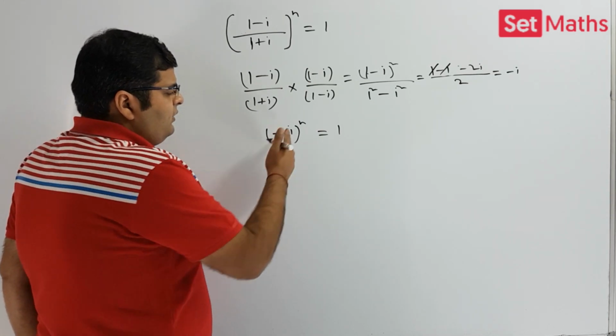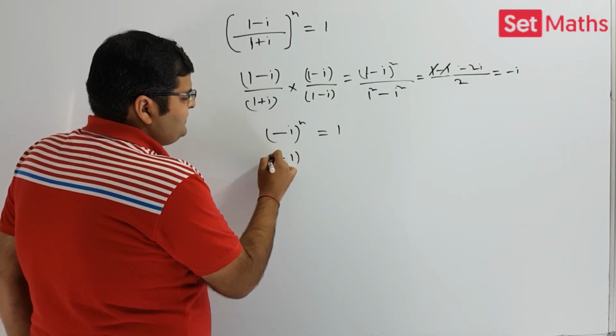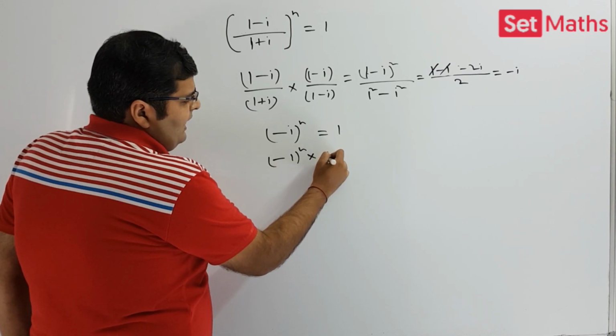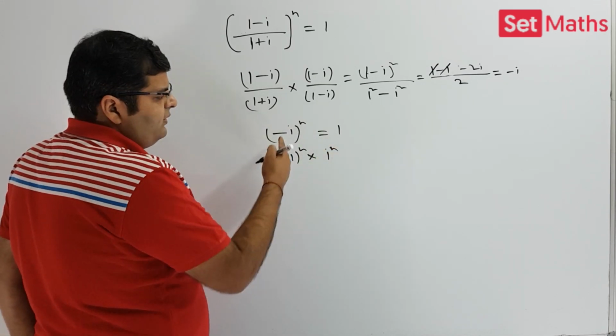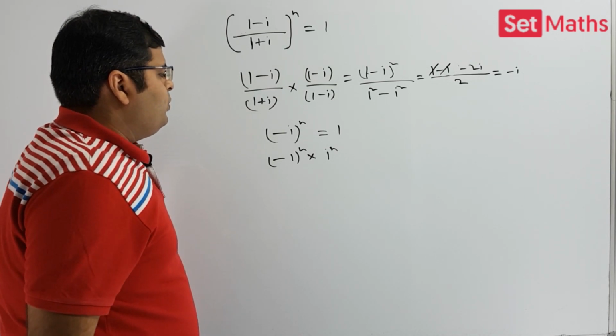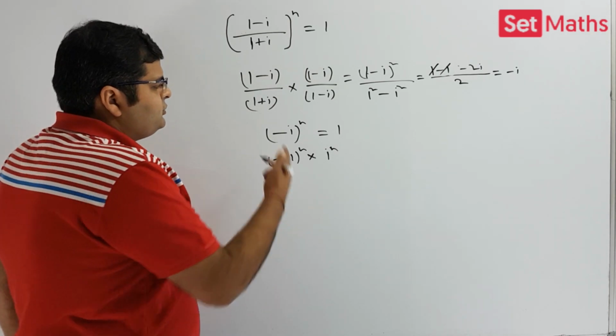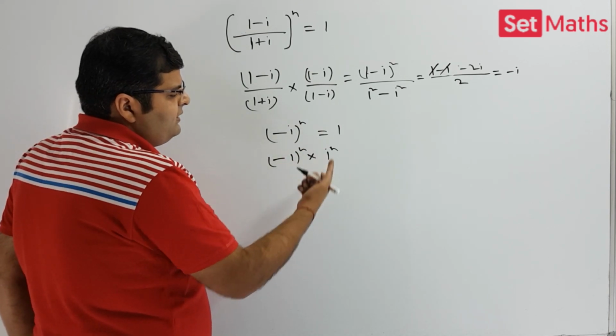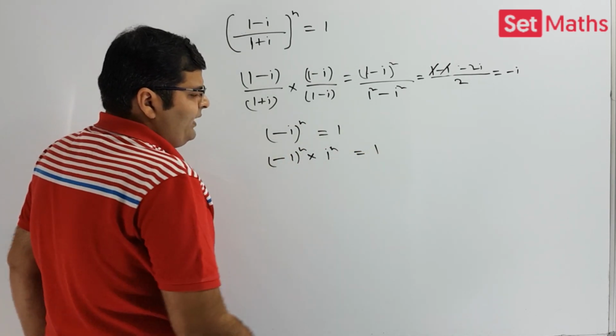Okay, so now this actually becomes (−1) raised to n times i raised to n. Minus i can be written as minus 1 times i. So (−1 times i) whole raised to n will be (−1) raised to n times i raised to n, and this equals 1.